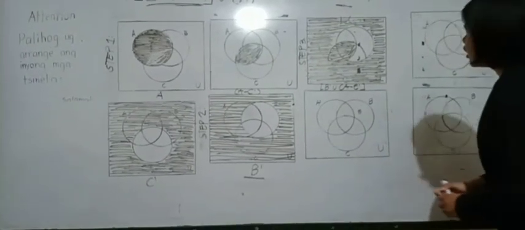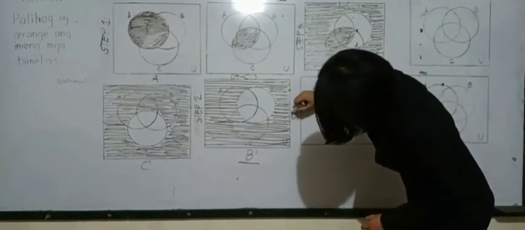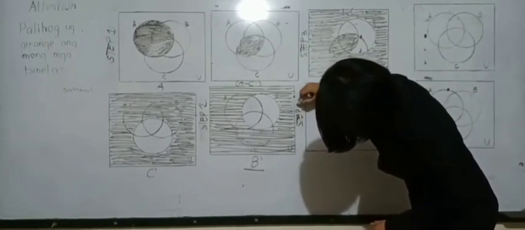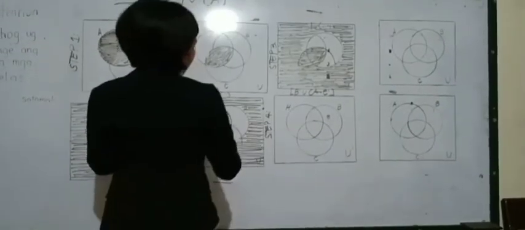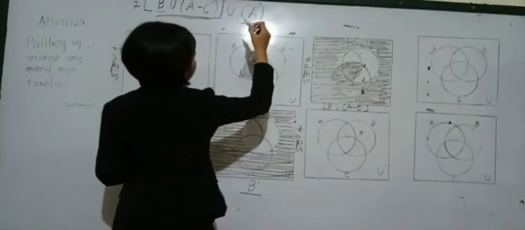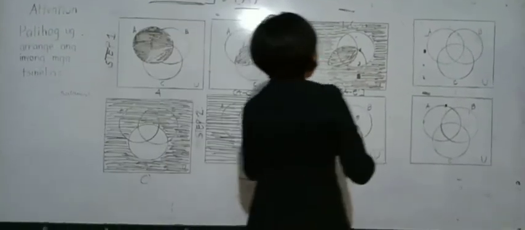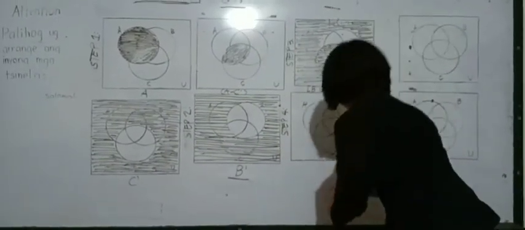So next, we are going to jump into step 4, in which we are going to find the A prime and prime. So first, we are going to find the A prime.